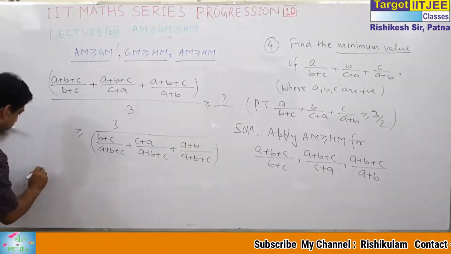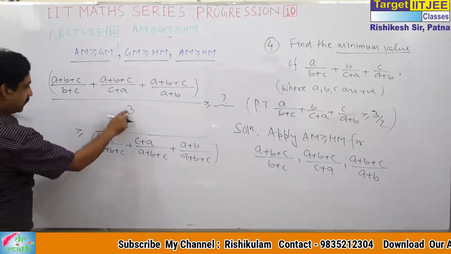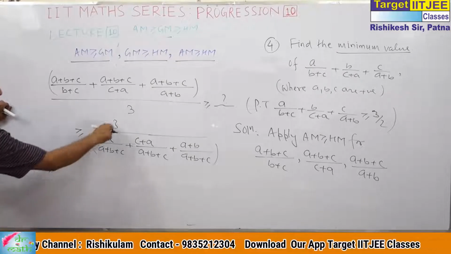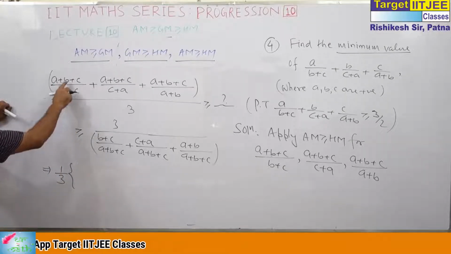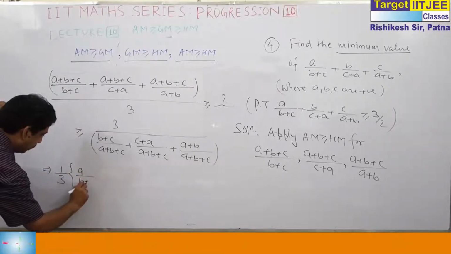Now come to this. I multiply this 3 by 3, so let me write 1 by 3 like this. This you can say is A by B plus C plus 1.